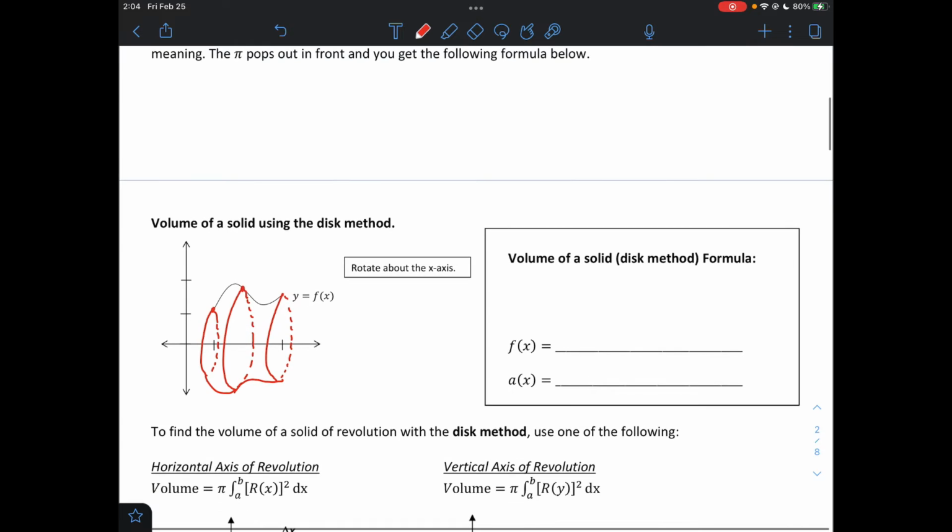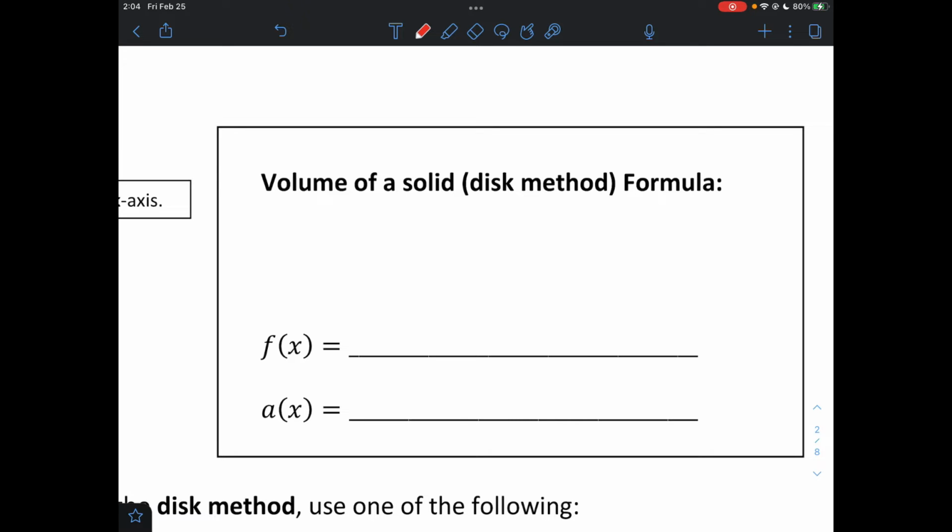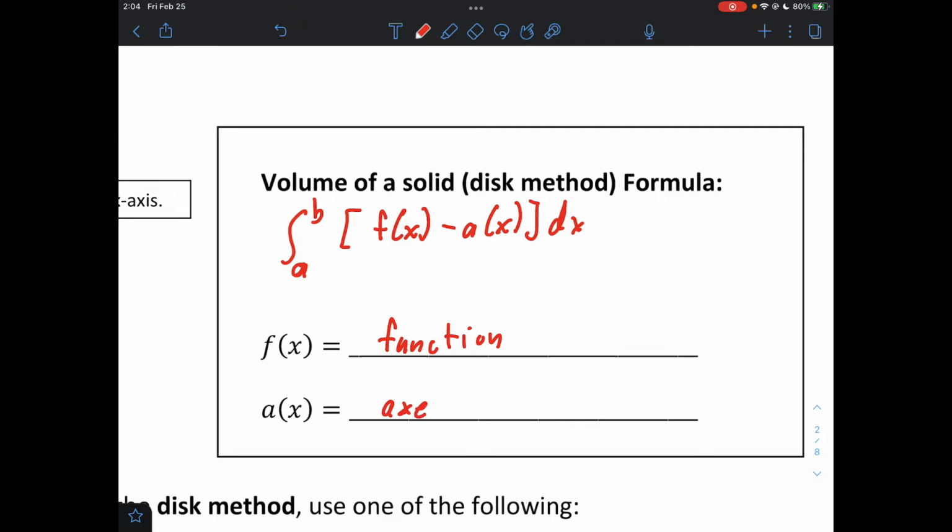All right, so the volume of a solid, the disk method formula, is going to be the integral from a to b of f of x minus a of x, squared, dx, where f of x is simply the function that you are rotating, revolving, and a of x is the axis of revolution.